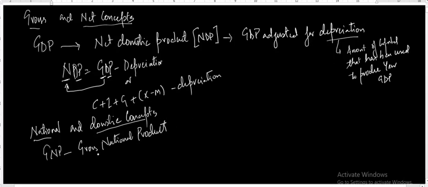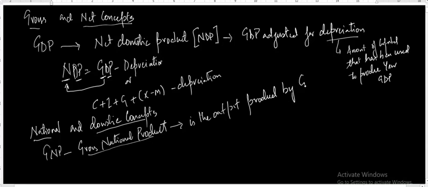Over here I'm going to write a sentence and talk about it: it is the output produced by citizens of the country. Now these citizens can produce something in the domestic territory or in a foreign territory.